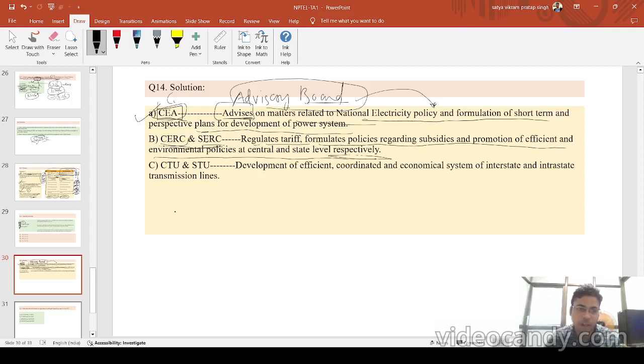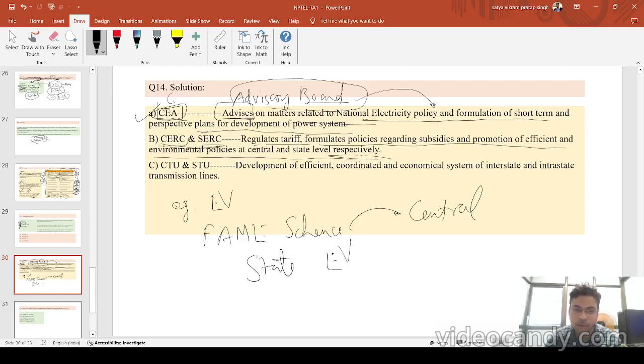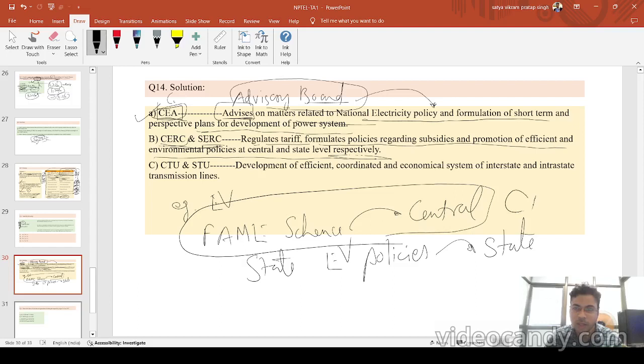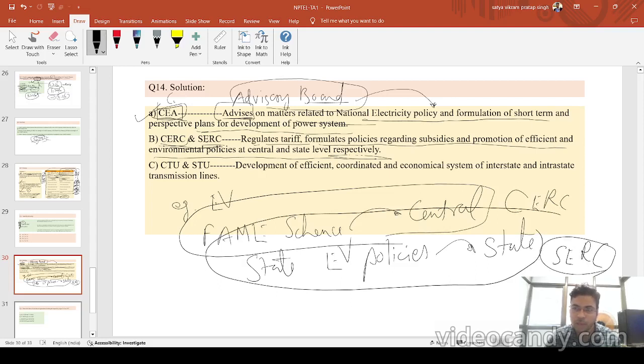One example related to EVs is the FAME scheme, launched by the central government, but states also have EV policies. So the central part is managed by CERC and the state part by SERC, the State Electricity Regulatory Commission.